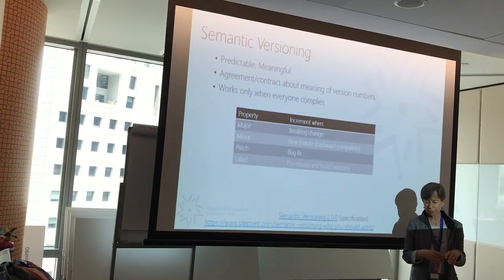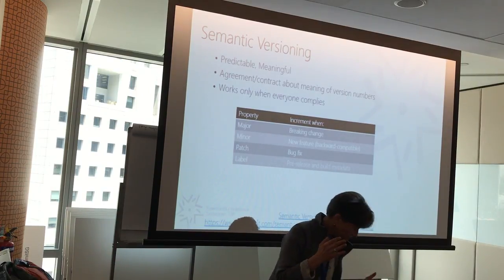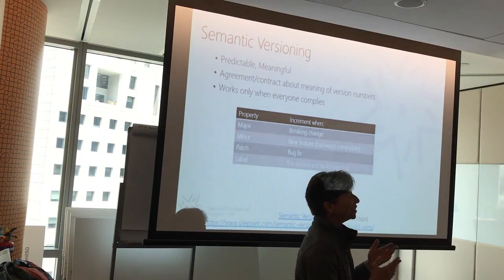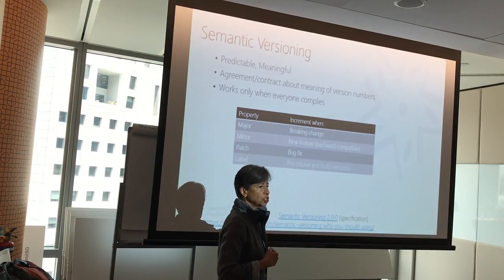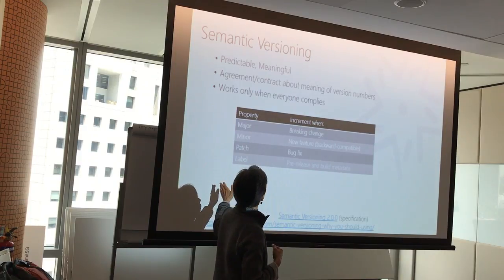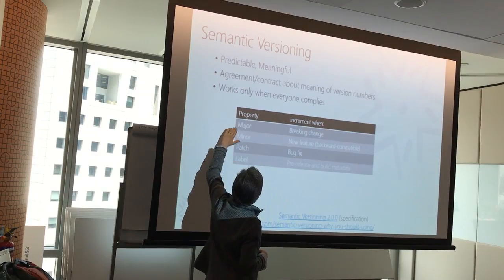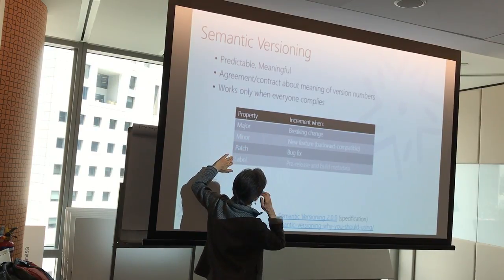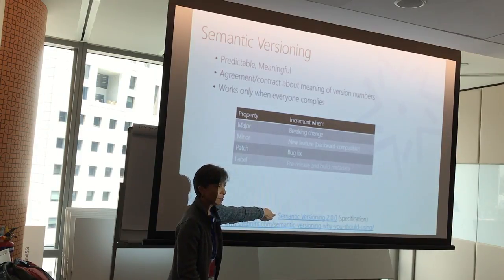And you, as the system administrator, can't even predict what a change in versioning means when you look at a change in the version number. But semantic versioning has rules for when the different properties are incremented. And here, this is the specification for semantic versioning.